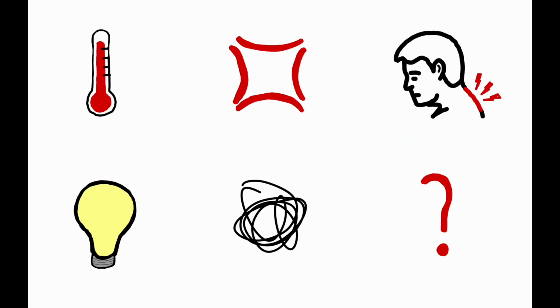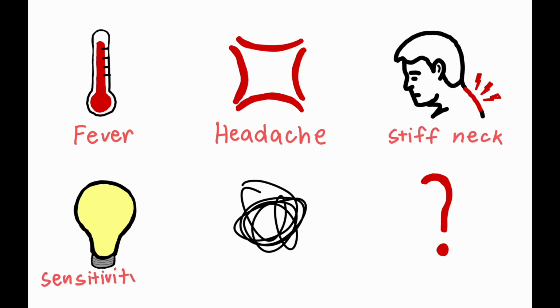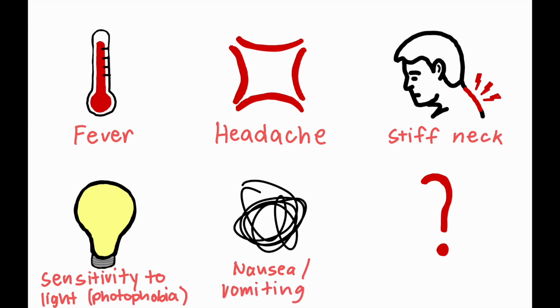As the disease progresses, the patient may experience symptoms such as fever, headache, stiff neck, sensitivity to light, also known as photophobia, nausea and vomiting, and confusion. The consequences of meningitis are devastating.